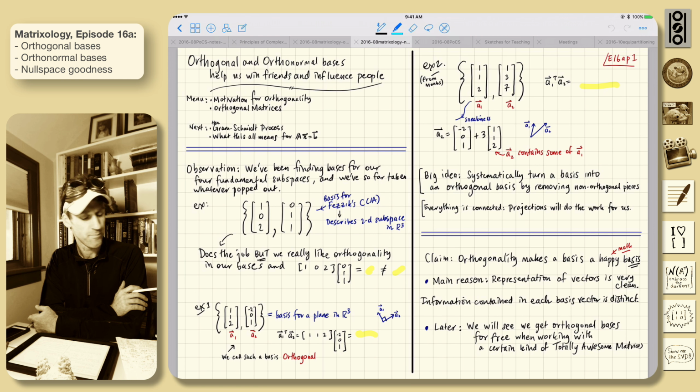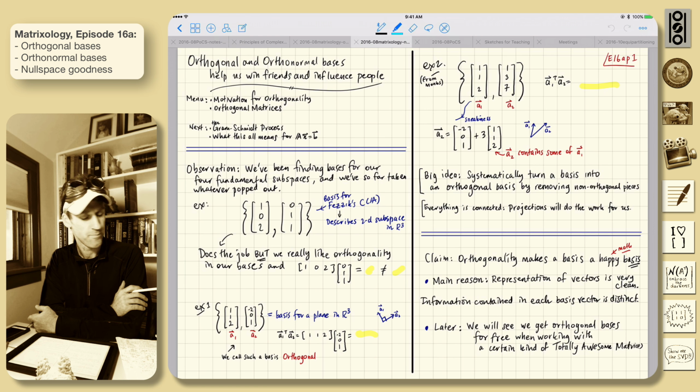But sometimes, so there are an infinite number of bases, in general for non-trivial subspaces and vector spaces. So we want to find one. Sometimes we'll be able to find one. Sometimes it will naturally appear through the magic of matrixology, a really good basis, kind of the best basis.